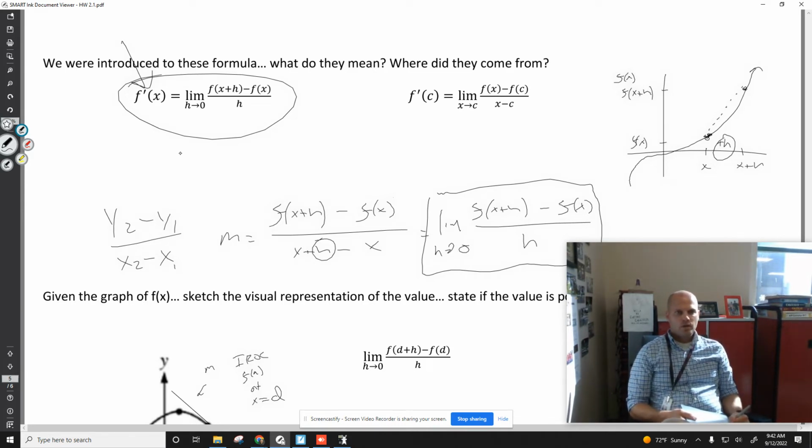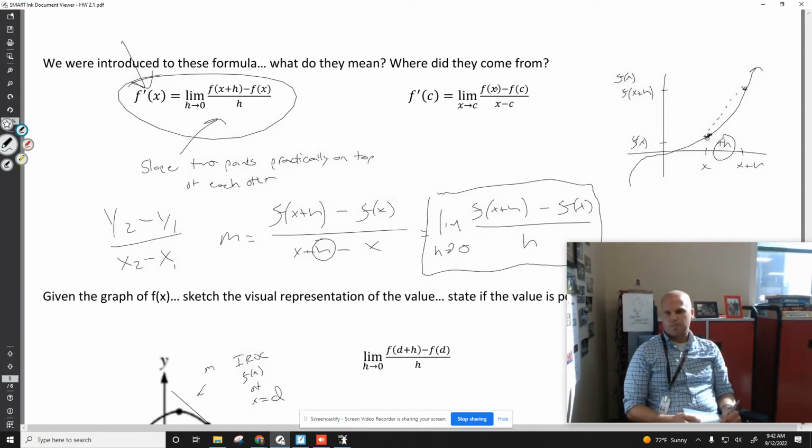So this is just the slope of 2 points practically on top of each other. This is the same thing, only instead of h distance away, we're talking about a point at x and a point at c.